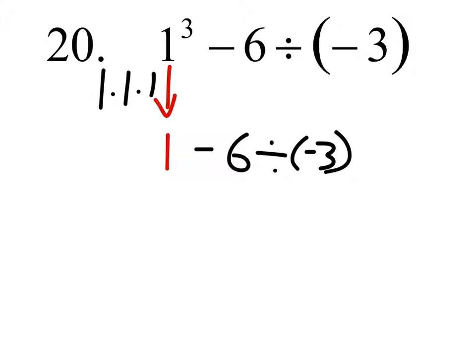So by the order of operations, we need to divide 6 and negative 3, which would give us a negative 2 right there. So I got 1, but it's minus negative 2, which means I'm just going to change that to a plus. 1 plus 2 is 3.